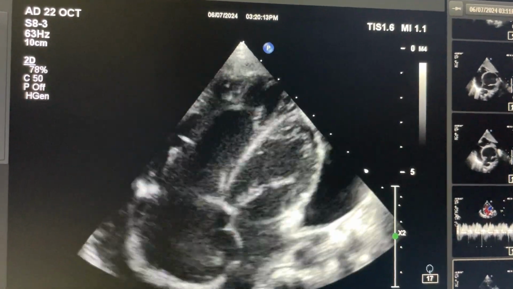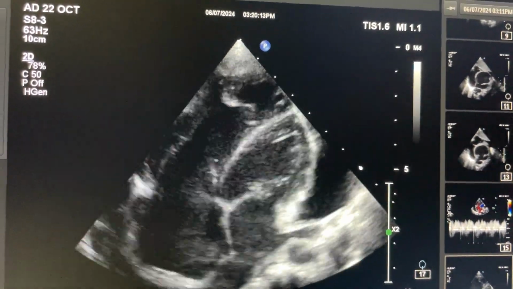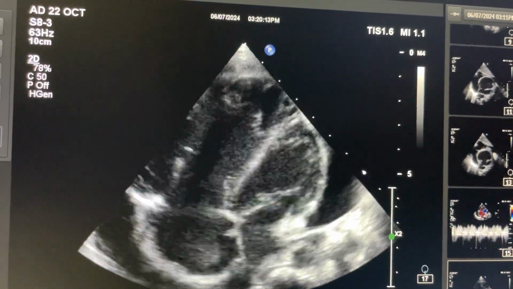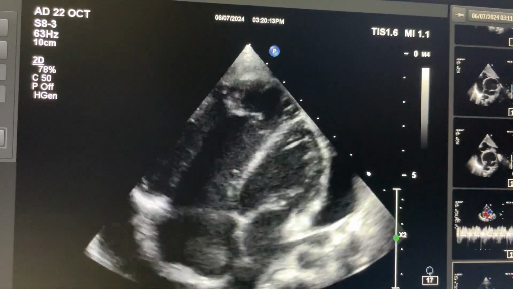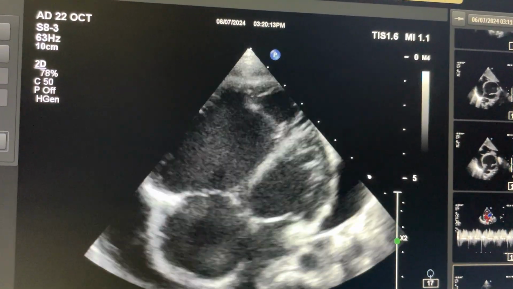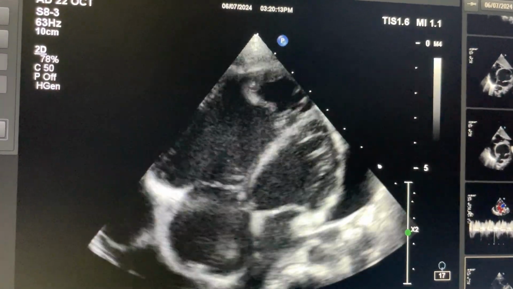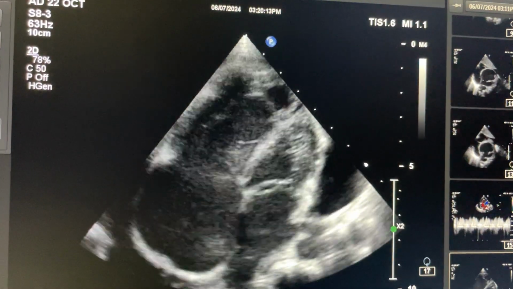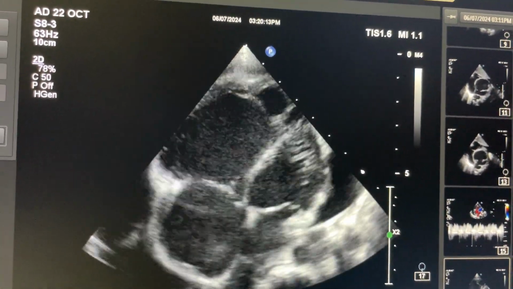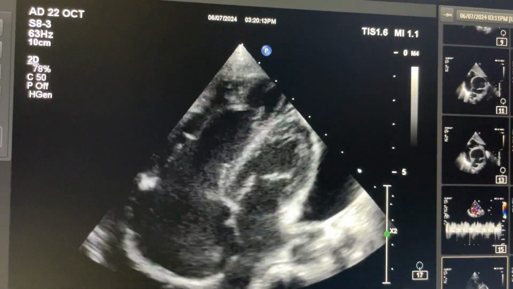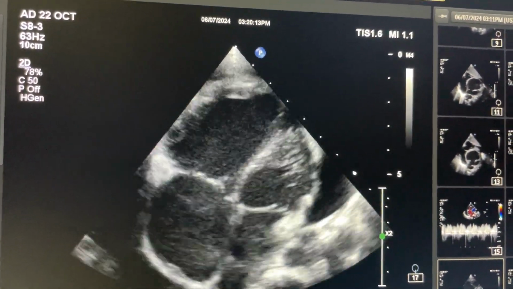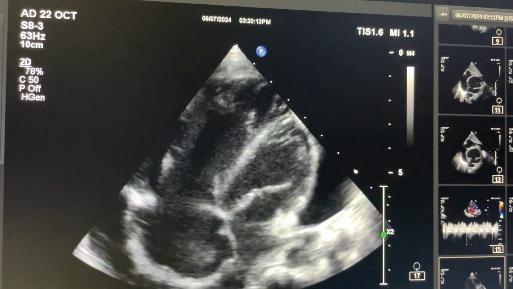Whenever right atrium and right ventricle have more pressure due to other diseases, early tamponade will be missed, because it is not easy for pericardial fluid to compress them, as they already have more pressure than normal expected.